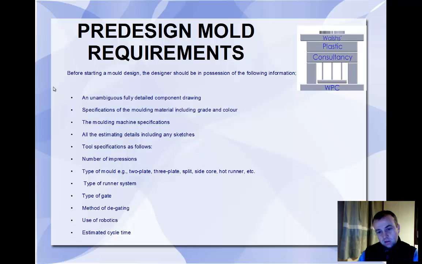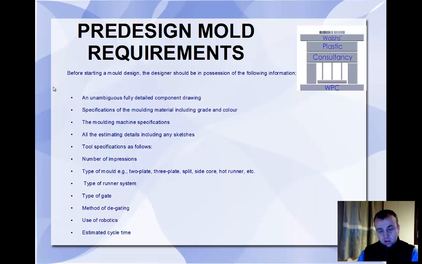That needs to be discussed with the client, and usually if it's using hot runners or sliders, the mold design and construction is going to be more expensive. Also the type of runner system you're going to use: a cold runner, hot runner, or valve gated runner system. That needs to be discussed and understood from the start.